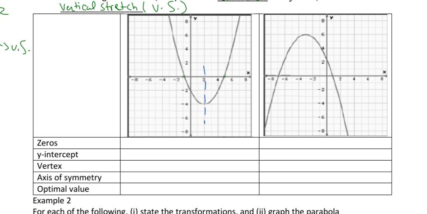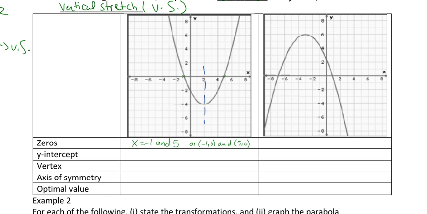So how do you write zeros? You write them as x equals -1 and 5. Or you can write them as (-1, 0) and (5, 0). You can pick which method you want to use; you just have to write one of them.